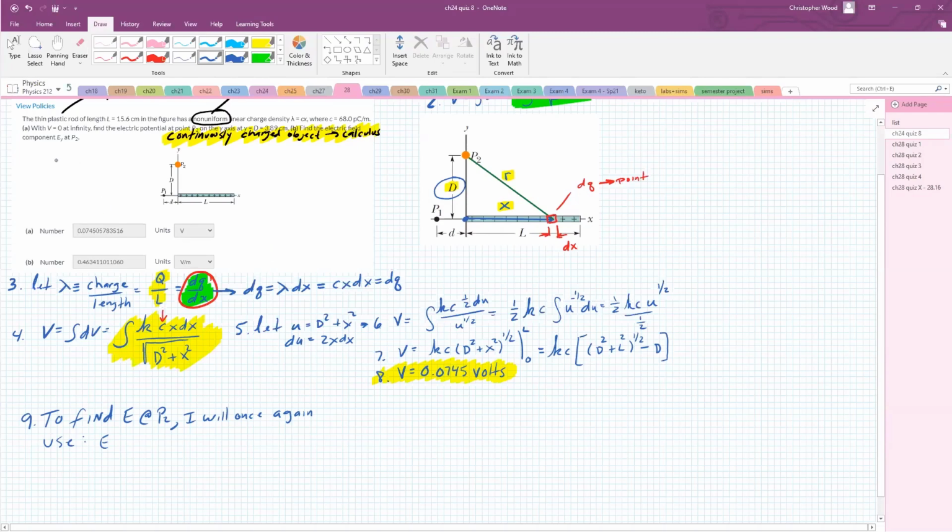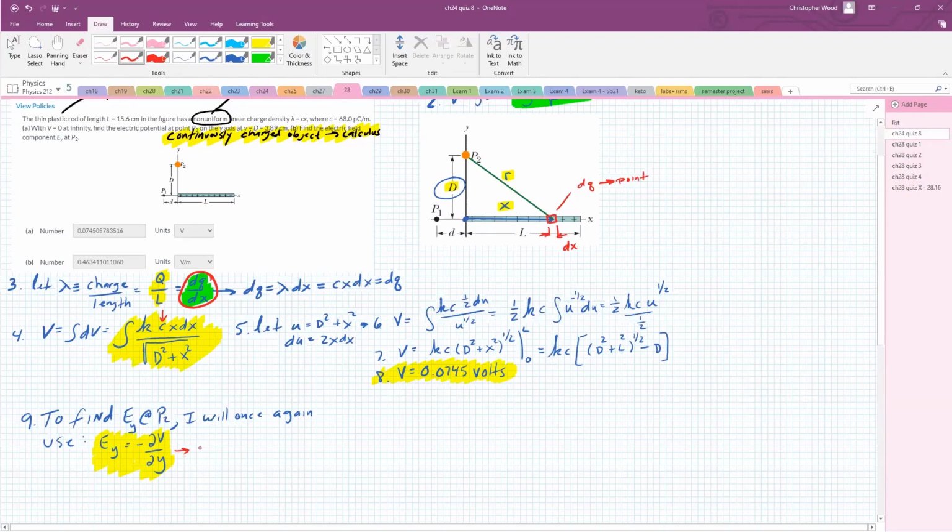They want E sub Y. To find E sub Y, I'll use E sub Y equals negative partial V partial Y. So we're seeing this expression a number of times, and it's just because of utility. It's not because it's more fun. But this links voltage and electric field. This is the linkage between voltage and electric field.